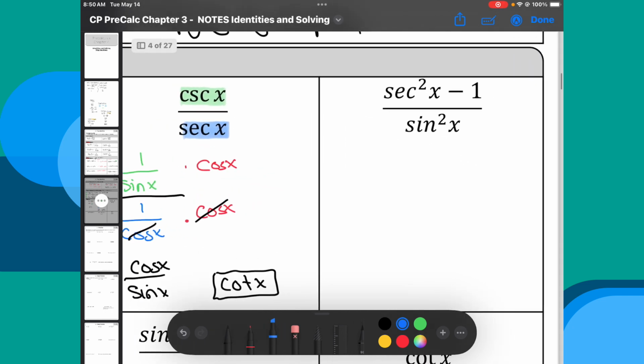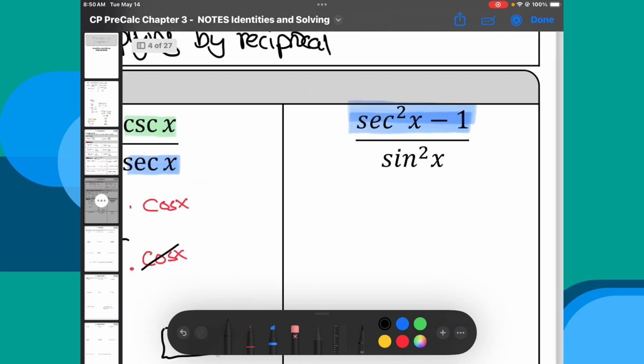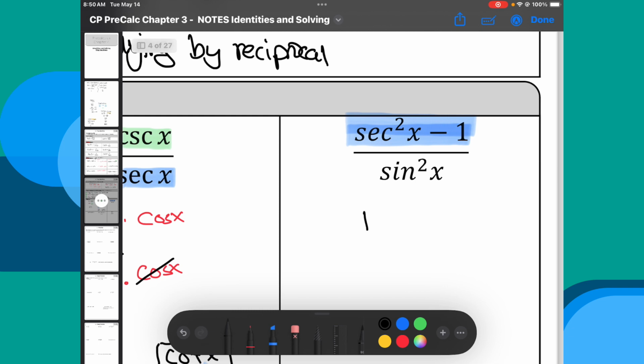In our third example, we have secant squared x minus 1 over sine squared x. When I have a trig function squared that's being added or subtracted to something else, I should think, ooh, that is one of my Pythagorean identities. So secant squared minus 1 is equal to tangent squared.